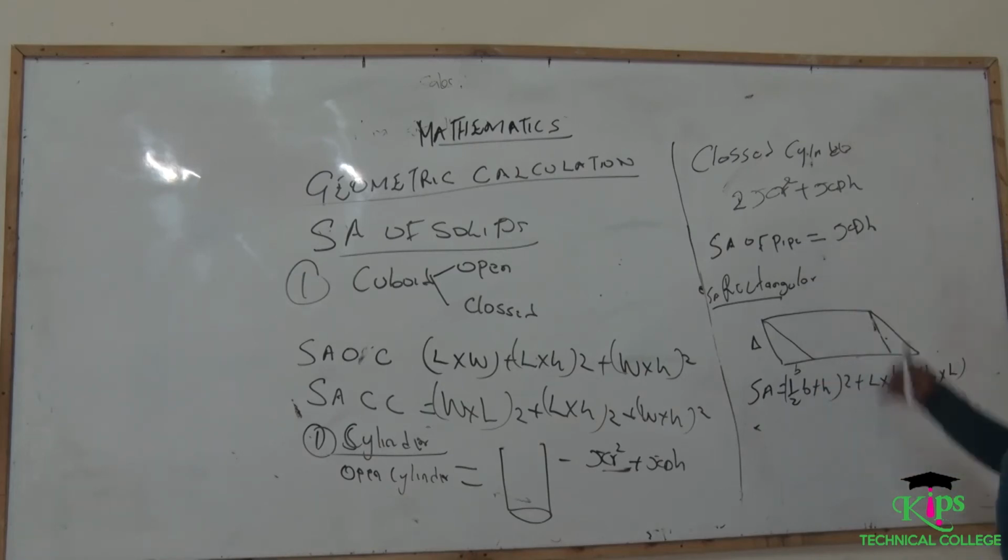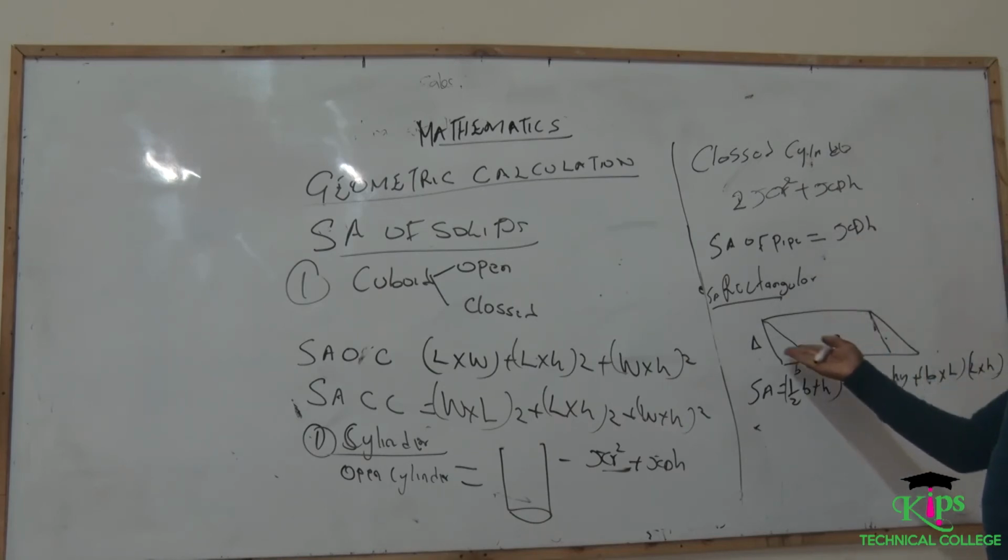Then we get the other side, length times height. If multiplied by this, we have two. There's one on the bottom, we have this face, and we have the bottom face.